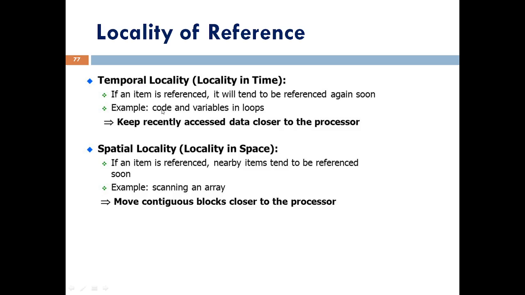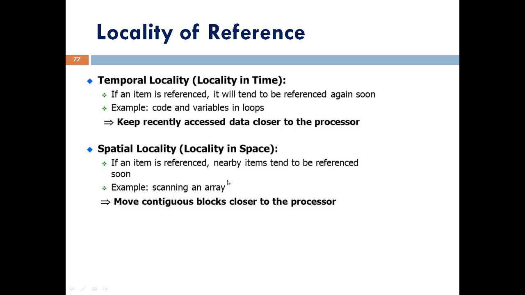So that is temporal locality. Spatial locality means if an item is referenced, nearby items tend to be referenced soon. For example, scanning an array. In an array, if one element is accessed, the elements near that element are also going to be referenced soon. So here we move contiguous blocks closer to the processor. The array elements which are close to the currently referenced item can be brought to the processor.